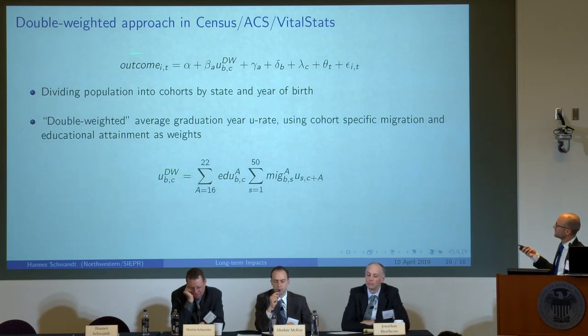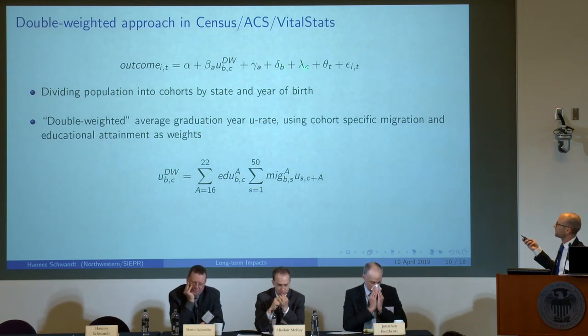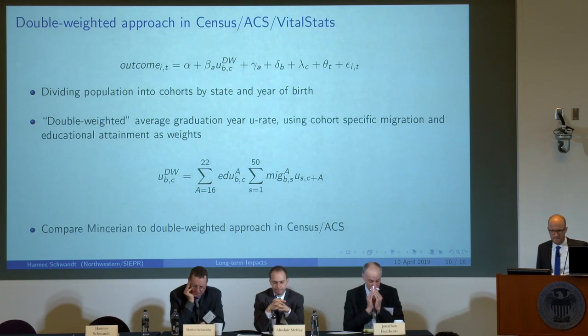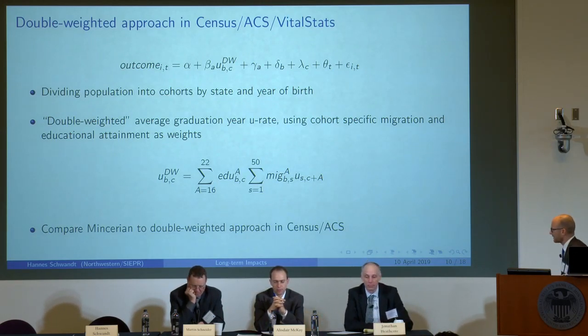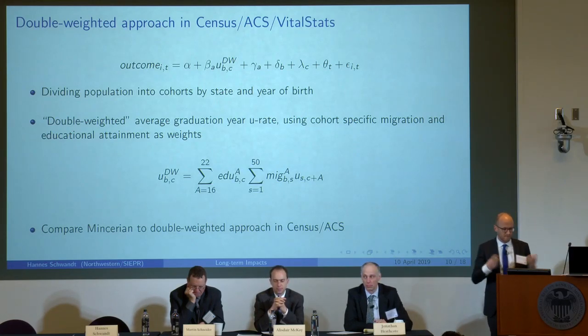And then we just regress our outcomes on this double-weighted unemployment rate, controlling again for the set of fixed effects, which now of course are the state of birth and the year of birth. This allows us to solve the measurement issue.